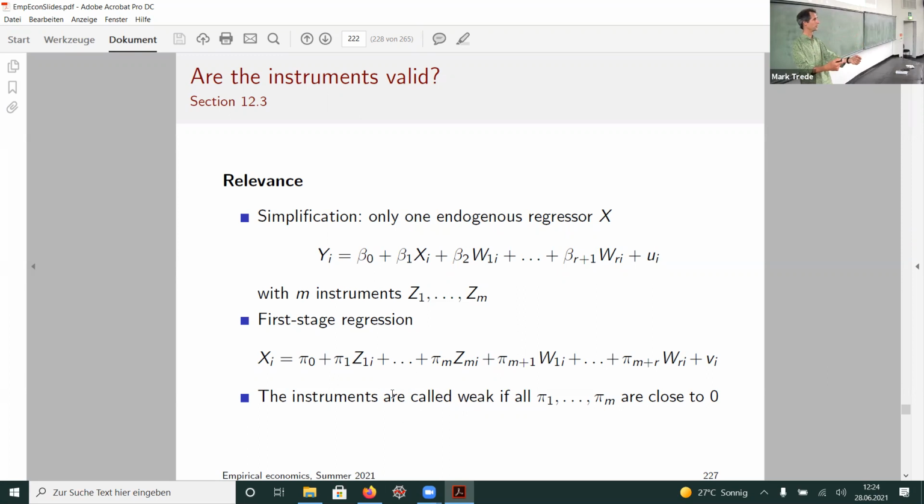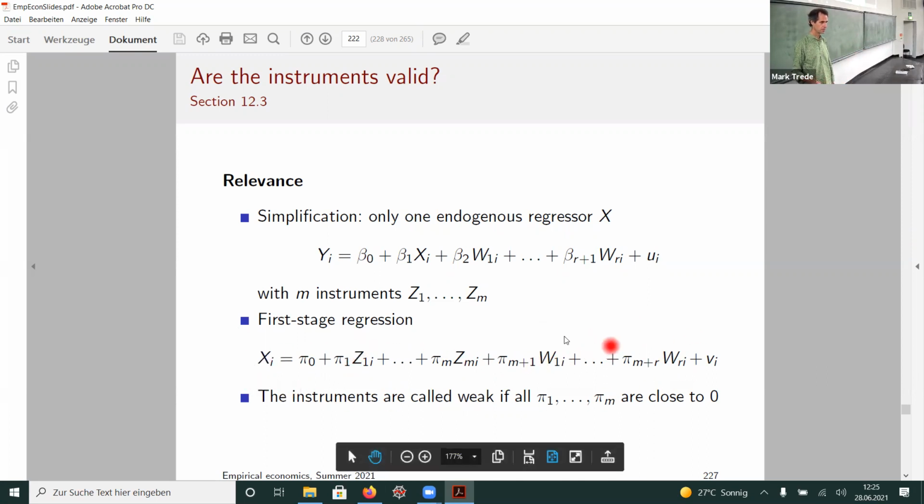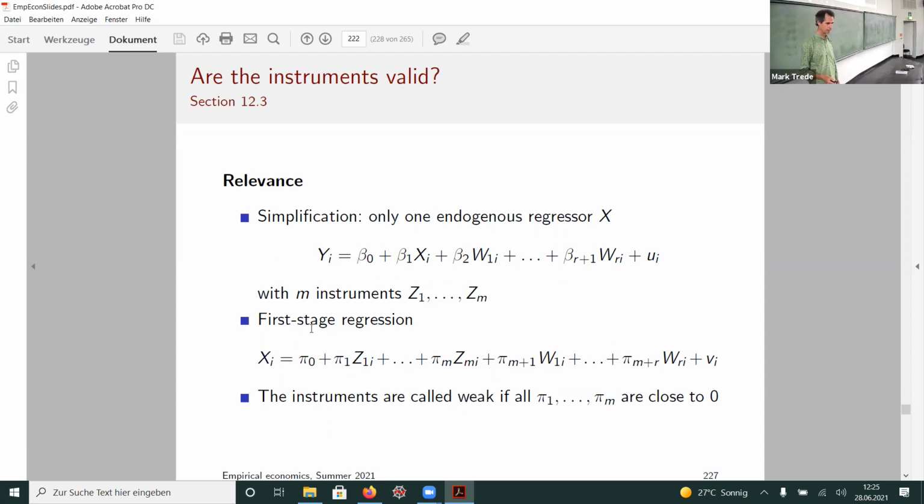I mean, after all, we want to know the effect of X on Y, the causal effect of X on Y. But here we run instead a regression of X on the instruments and the exogenous variables. So this first stage regression answers the question, can we, using the instruments and the exogenous variables, somehow predict the good component of our problematic regressor? And the instruments are relevant if we can.